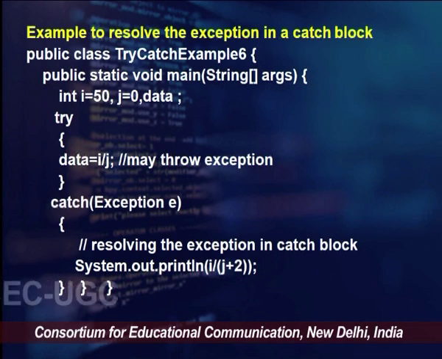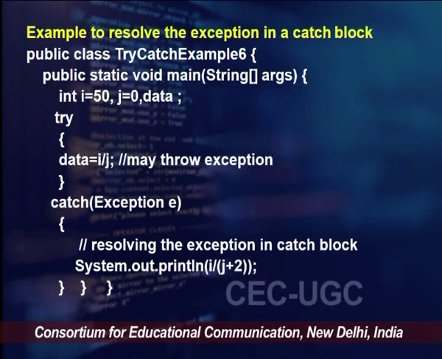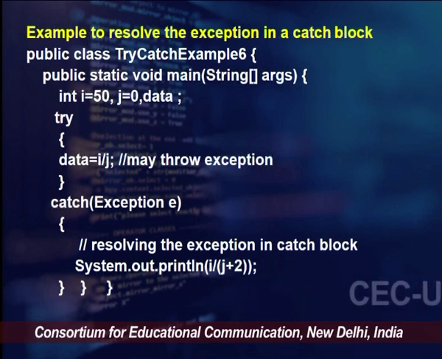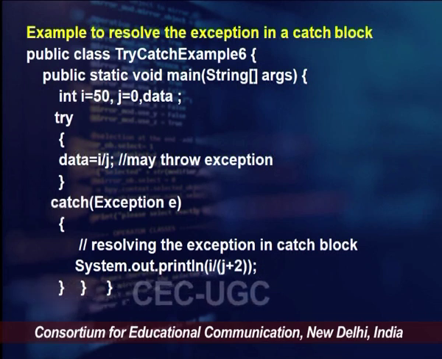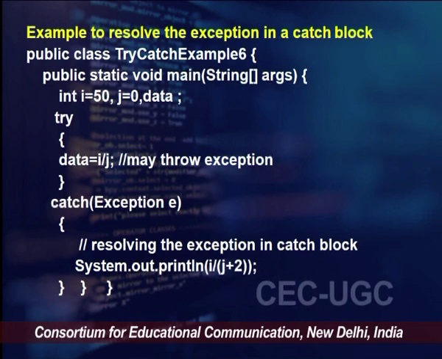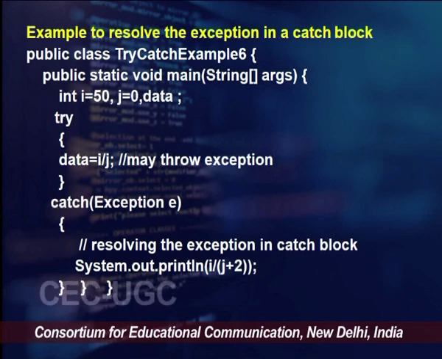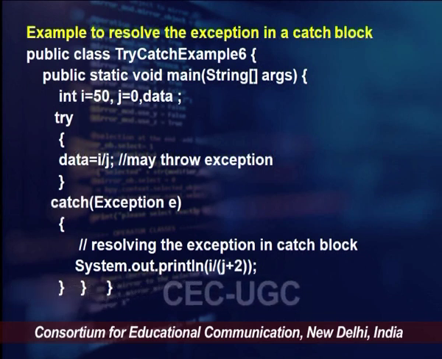But along with printing the contents of that object E, or any other custom message which we did in our previous program, what we have written here is system.out.println i divided by j plus 2.